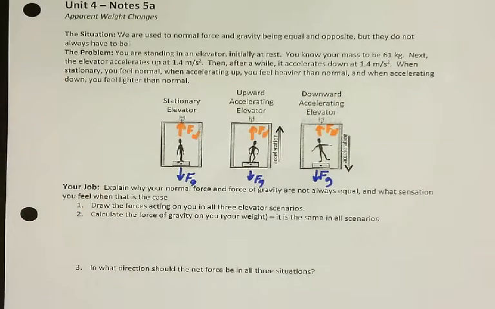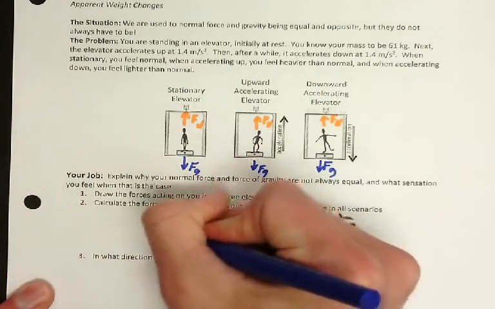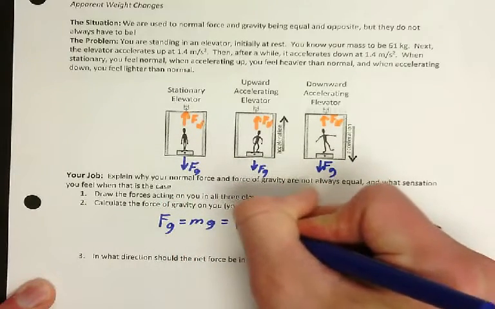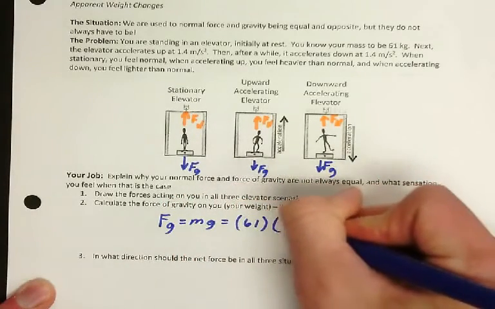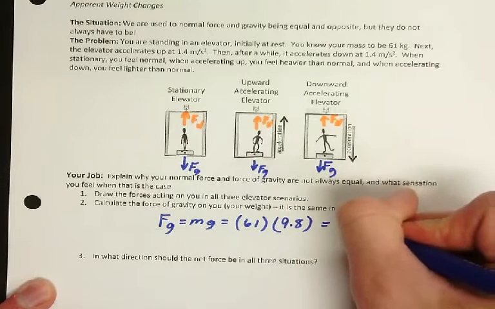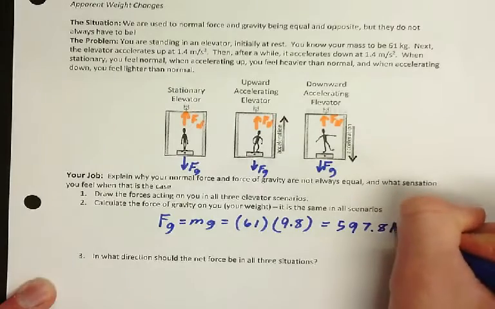Okay, let's calculate the force of gravity. We'll do this together real quick here. So force of gravity is mg. Mass is 61, we're assuming. G is 9.8. And that is 597.8 newtons.